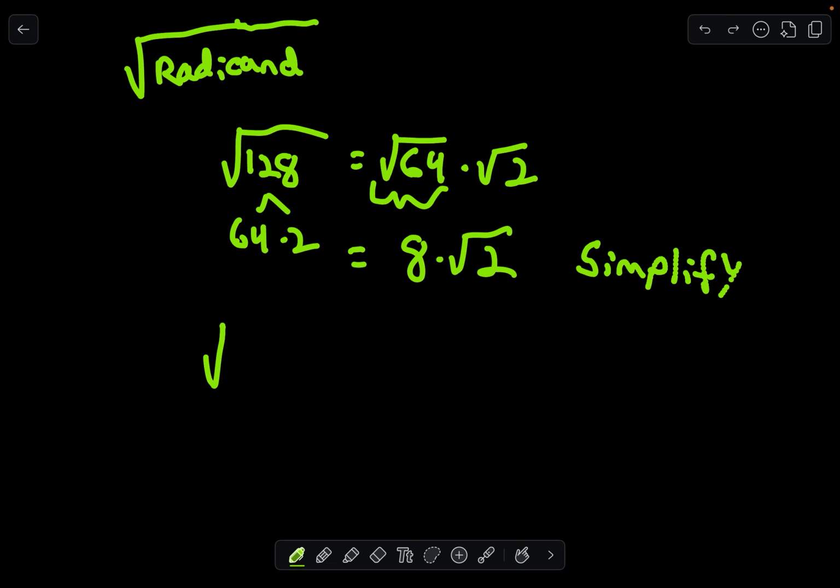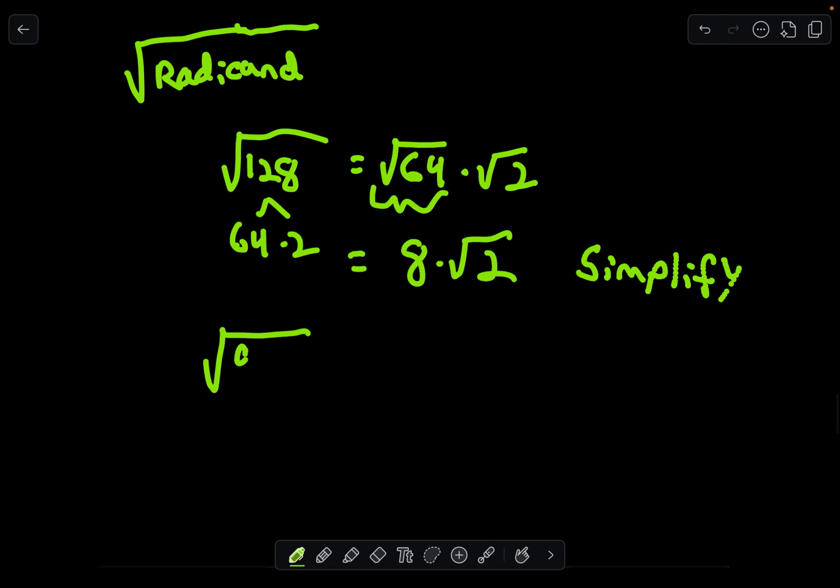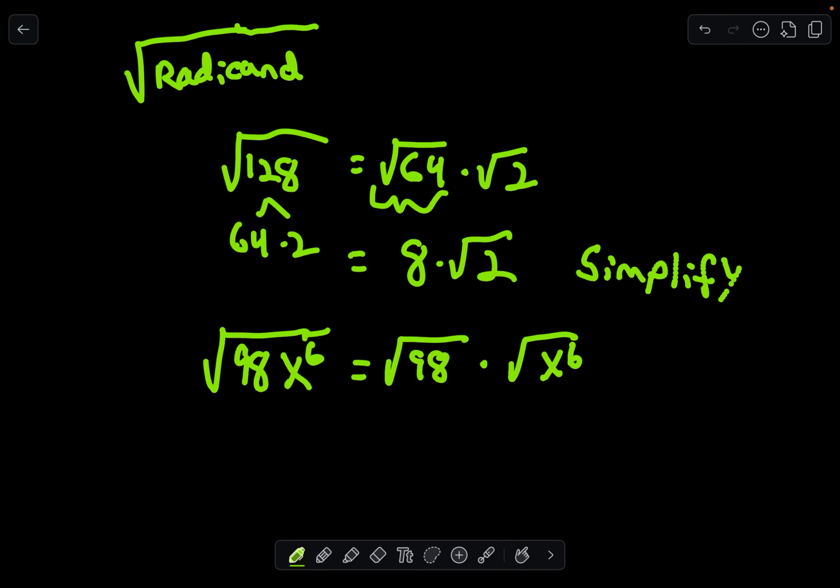Now, let's simplify another square root. Let's say the square root of 98, and let's add x to the 6th power. All right? Well, 98 can be thought of as the product of two numbers, so I'm going to break this up. 98 is 49 times 2. x to the 6th is x to the 3rd squared, because you multiply the exponents.